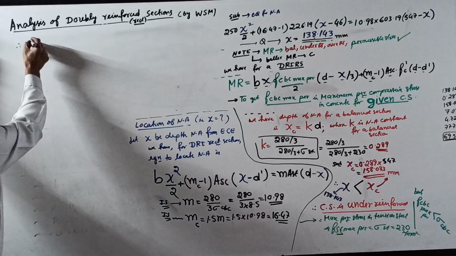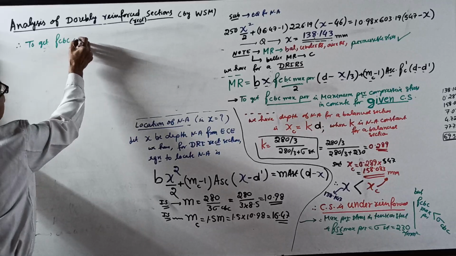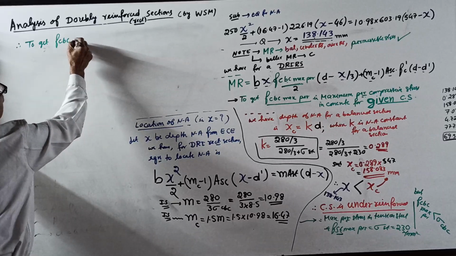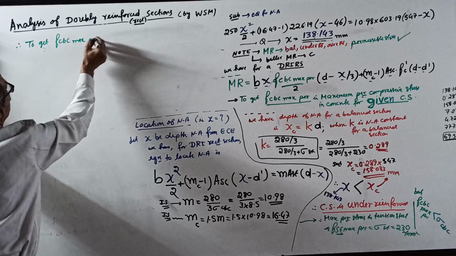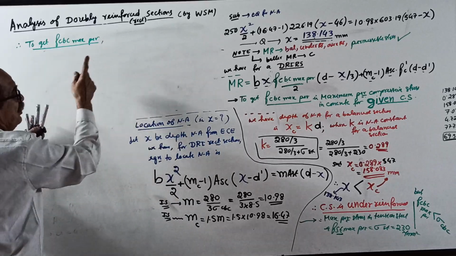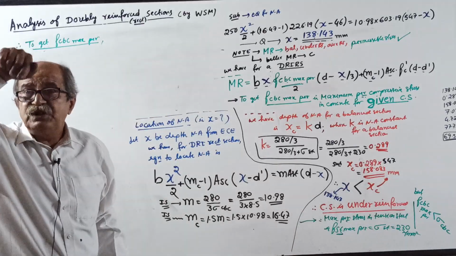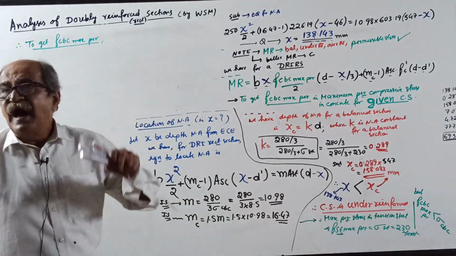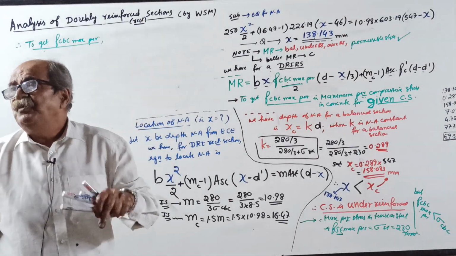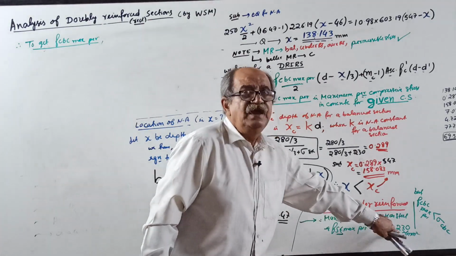Therefore, to get FCBC max permissible, what to do? You can make a note here: FCBC max permissible is that stress which concrete will reach when the stress in steel reaches sigma ST equal to 230.